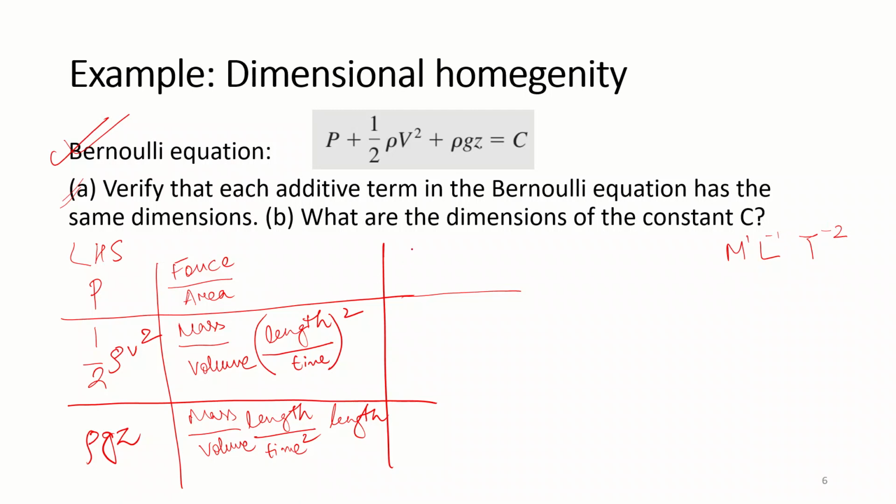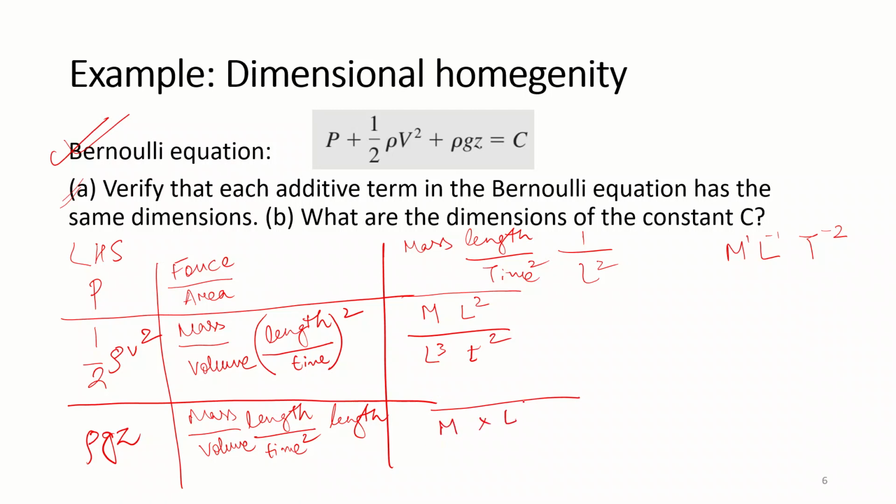So here we can write it as mass by length time square by one L square, and here also we can write M L square, and volume we can write L cube and T square, and that's how we will end up at M1 L minus 1 T minus 2. So this one is solved.